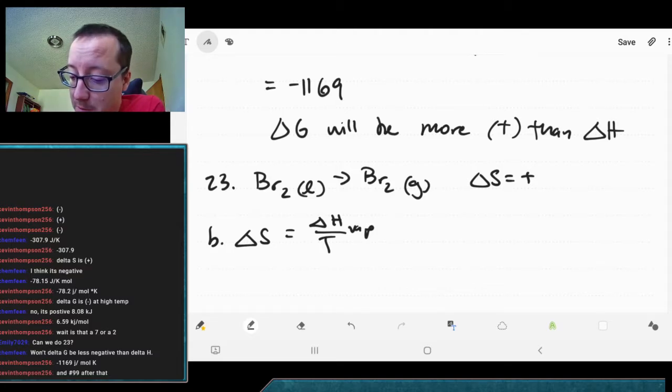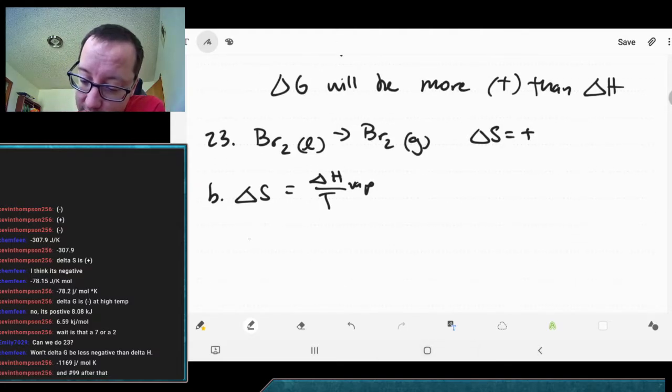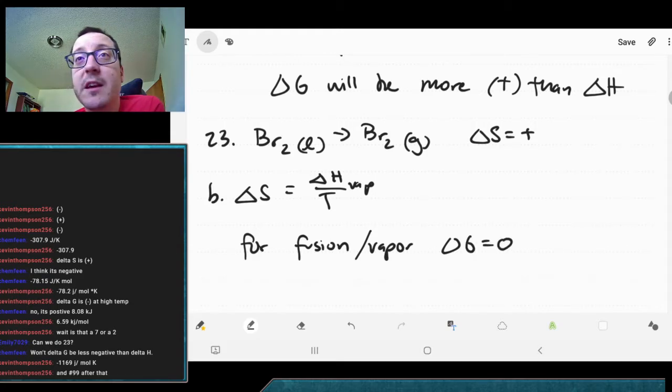Remember that for fusion or vaporization, delta G is 0, because these are kind of standard conditions. We have the bromine gas and the bromine liquid, both at their standard states. So we say delta G equals 0.